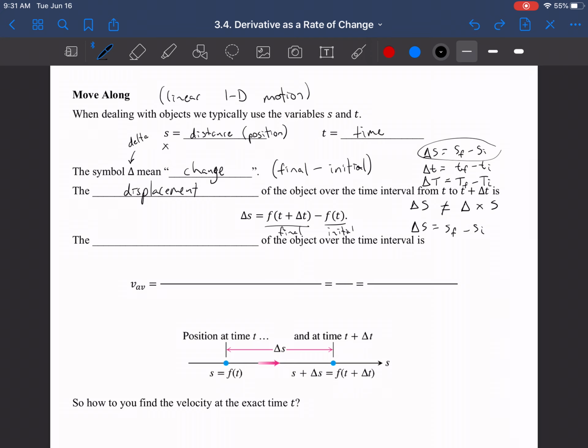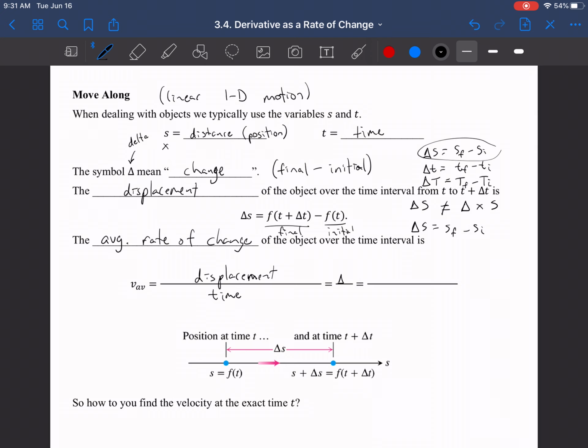The average rate of change of the object over the time interval is the average velocity, v average, which is equal to displacement over time. So it's a rate of change. And again, like I said earlier, anytime you see a rate of change, you're going to be dividing by time.